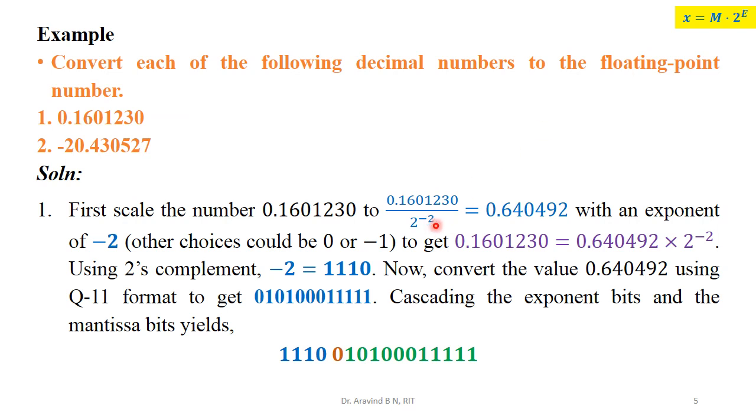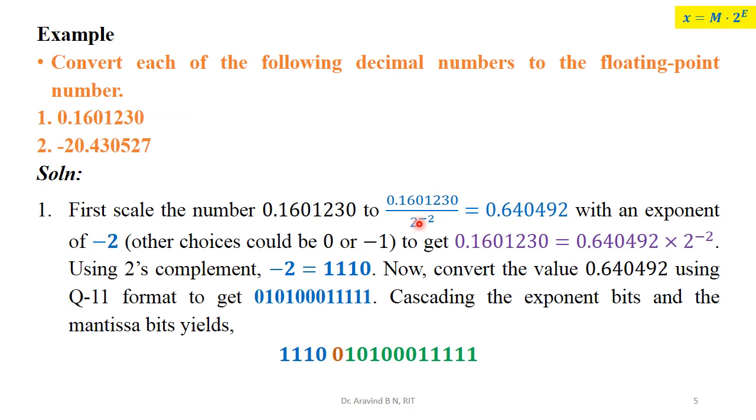And remember, this is not the only choice we have. We can make use of 2^0 or 2^-1 over here also. So there is no restriction with respect to how we define this exponent representation.